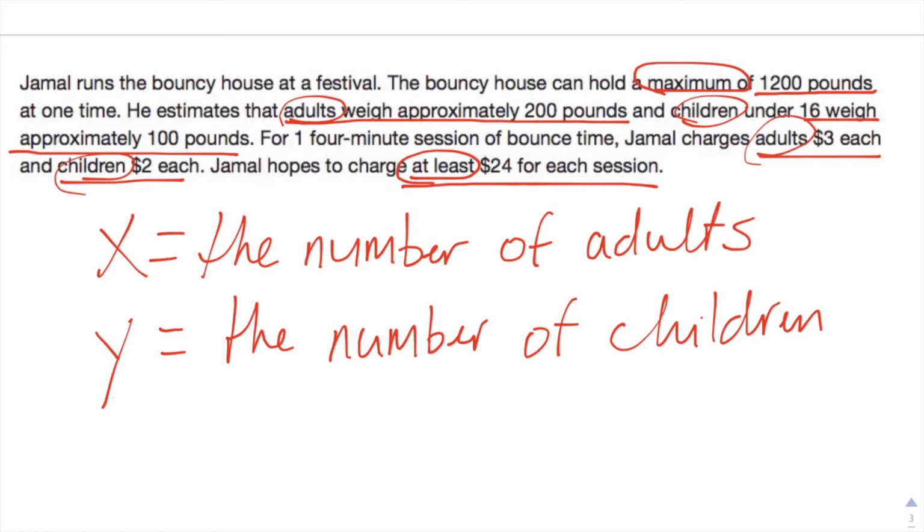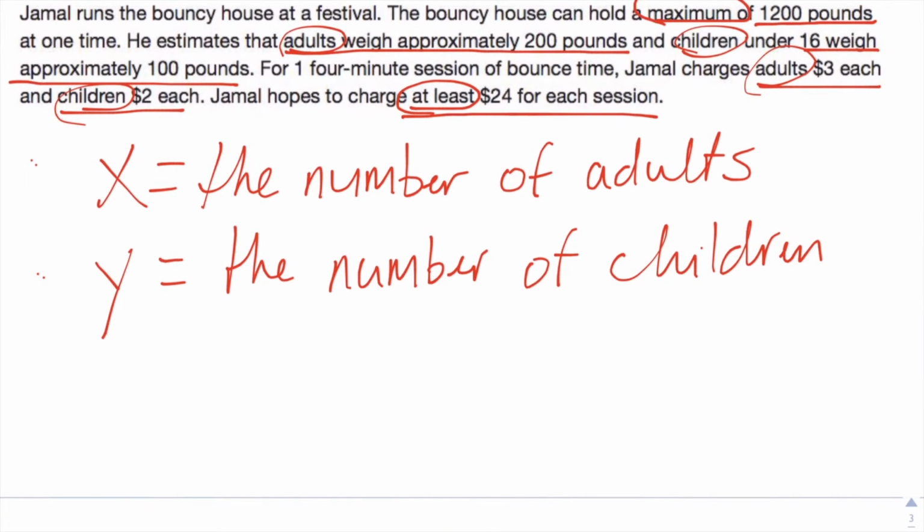So for that reason, I picked x as the number of adults, y as the number of children. In theory, yes, you can do it the other way, but you have to specify what x and y are. Because if not, someone might put y equals the number of adults. You know what I mean? So you have to be specific right here on what is what. This is an important part of the problem. You have to clarify that. If not, no one's gonna know.